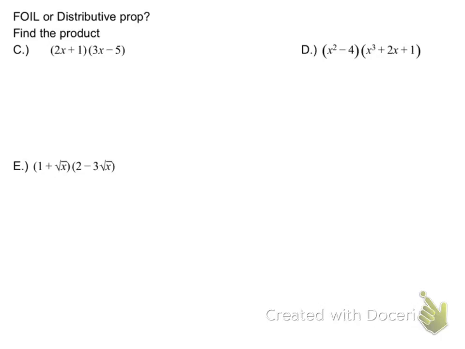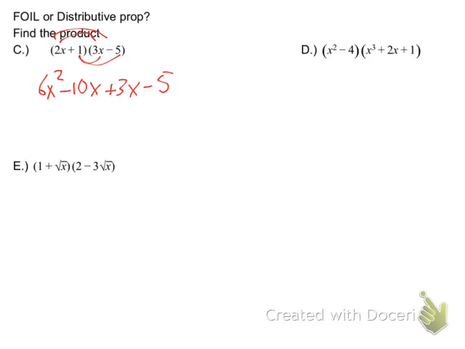But let's put these together real quick. So 2x times 3x is first, which is 6x squared. 2x times negative 5, negative 10x, plus and minus.